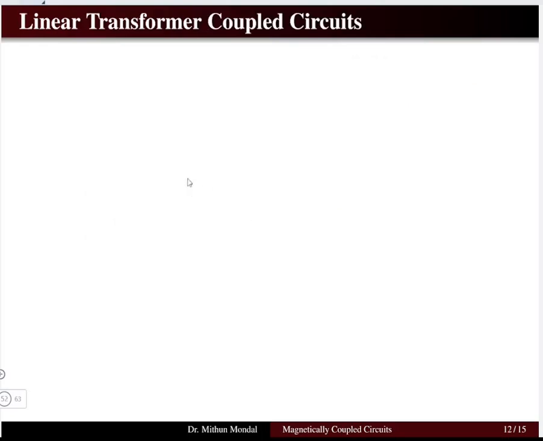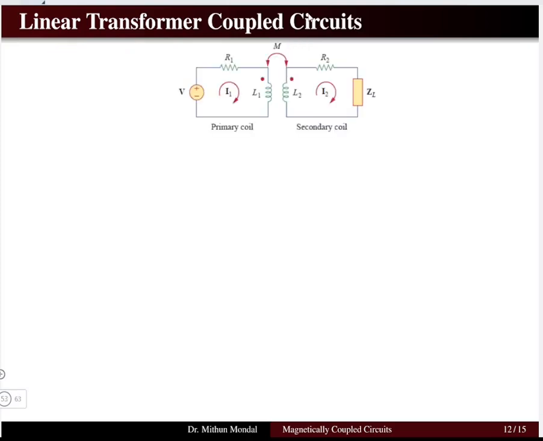Now, the transformer is one of the most important apparatus which uses the concept of mutual coupling. So let us see the linear transformer coupled circuit, how it will be and how it functions. In a transformer, we have two coils. One is known as the primary coil and the other is the secondary coil, having inductances L1 and L2.